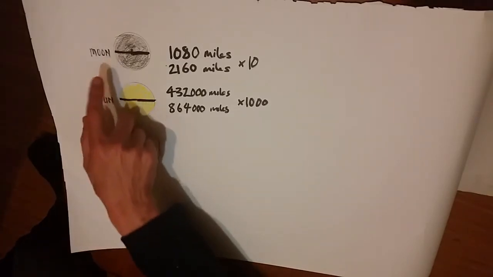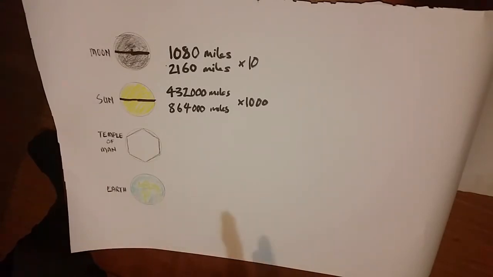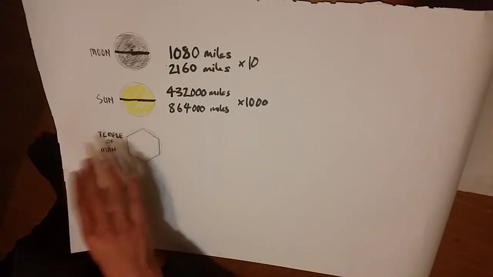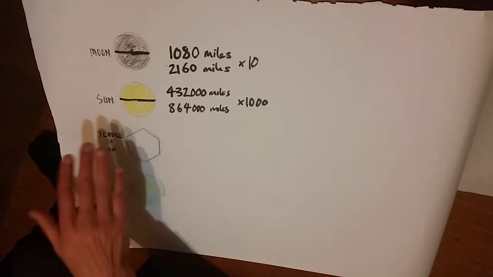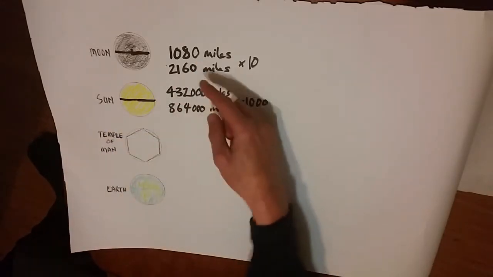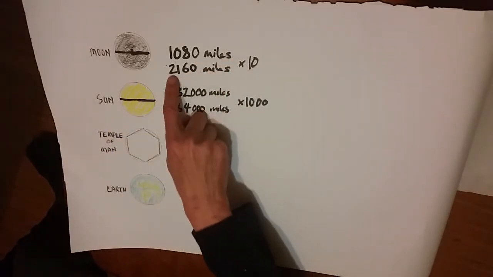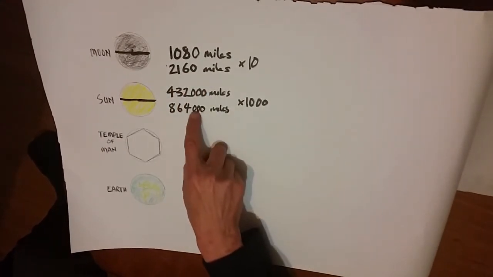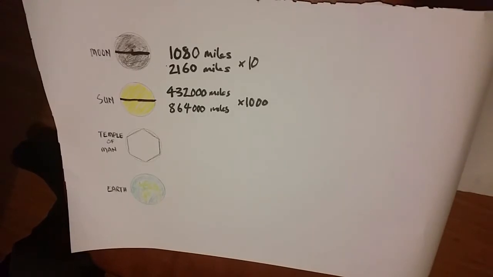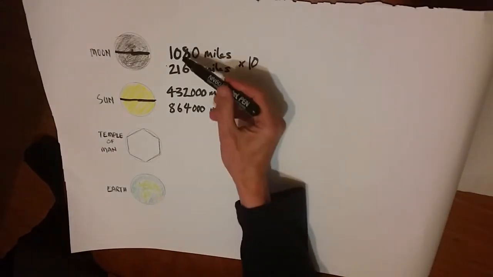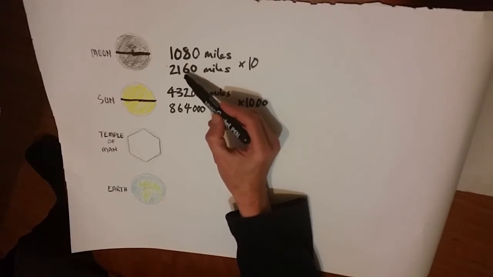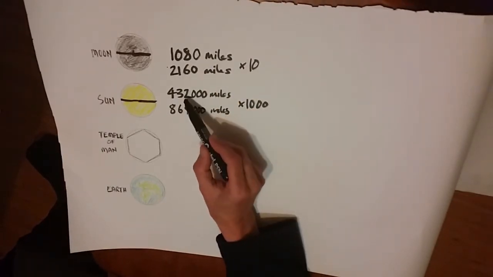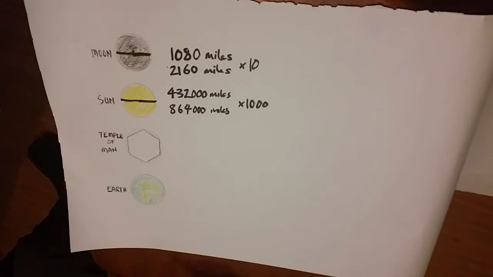So unlike the moon and the earth, which have a very clear distinction between the surface and the atmosphere, the sun is a little bit tricky in that way, but through the eclipse we can find that it's actually 400. So 216 times 4 is 864, and it's just a matter of how many zeros on the end there. So we started with 108 times 2 is 216, times 2, 432, times 2, 864.